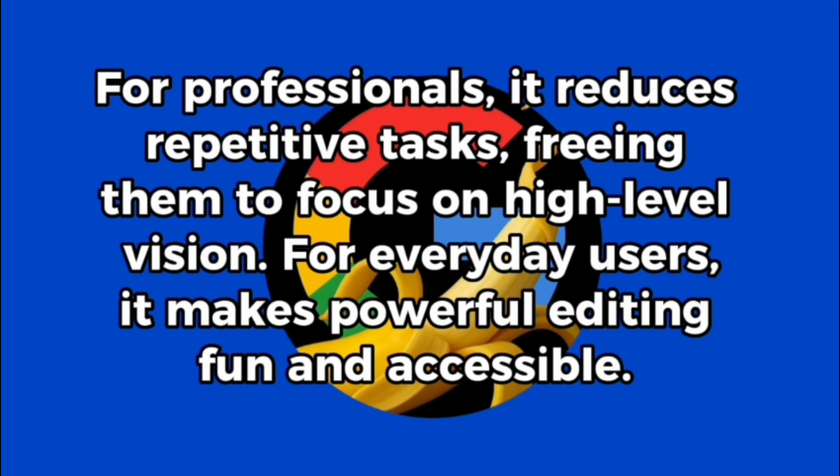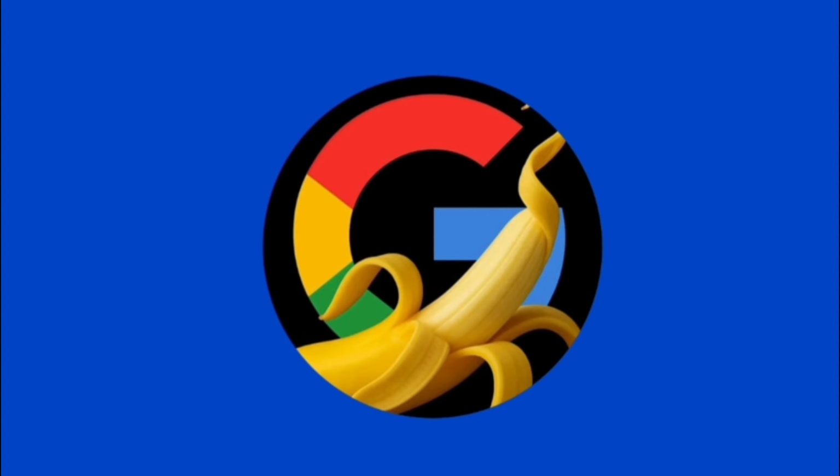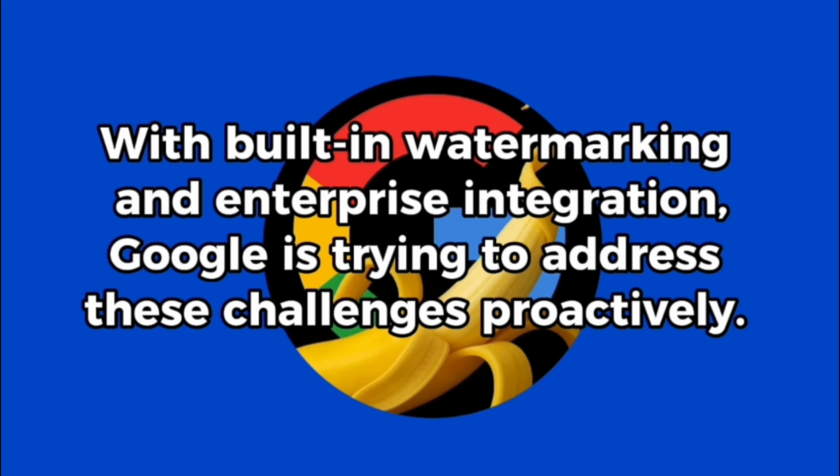For everyday users, it makes powerful editing fun and accessible. At the same time, it raises important questions. How do we maintain trust in digital imagery? How do we balance innovation with safety? With built-in watermarking and enterprise integration, Google is trying to address these challenges proactively.